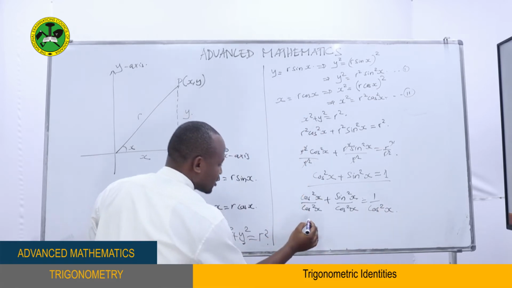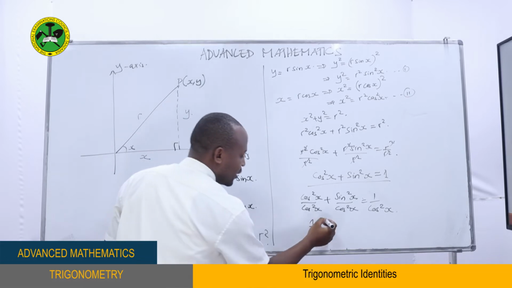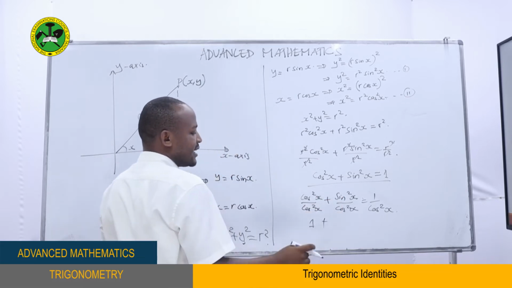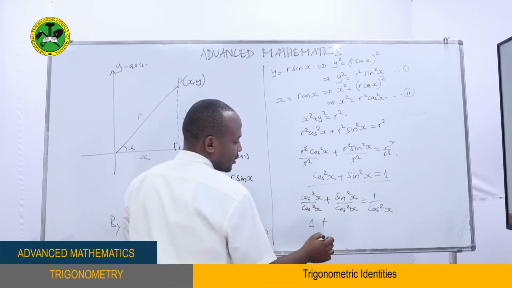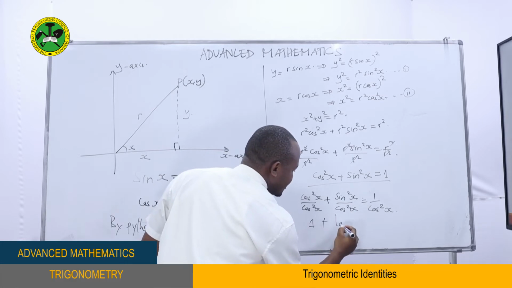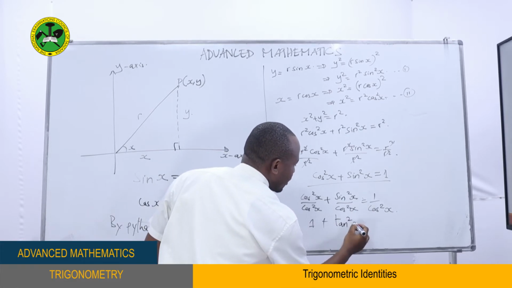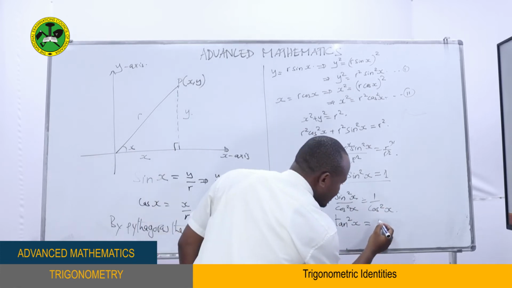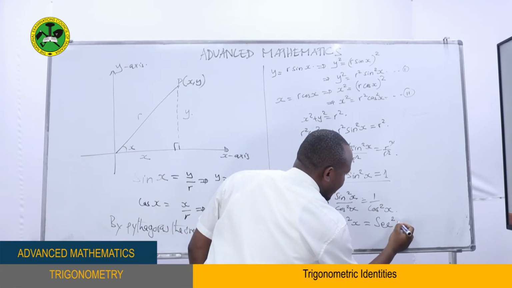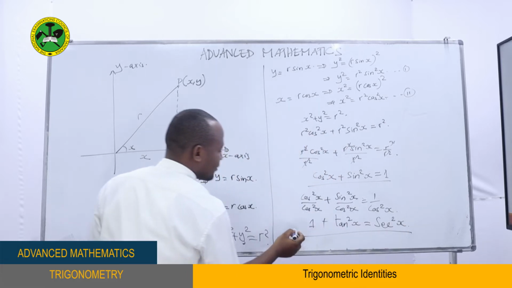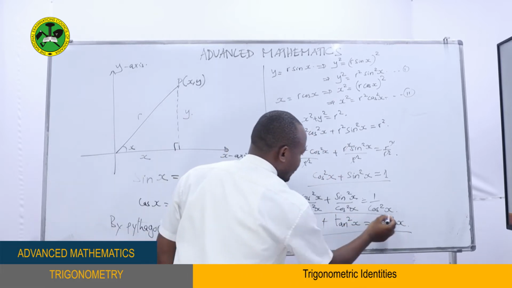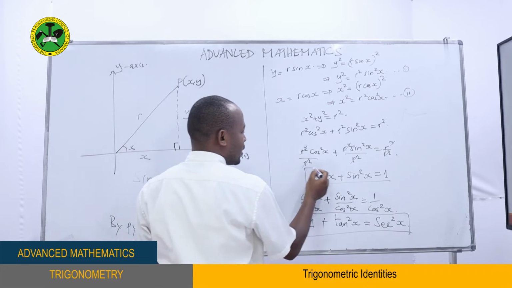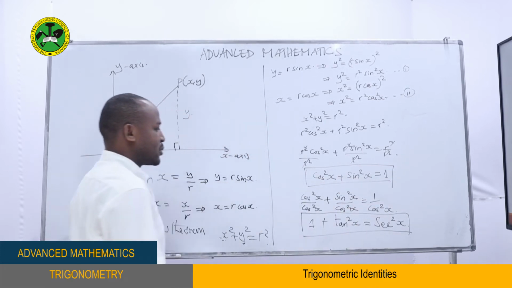That means cos and cos go, so we are left with 1. Then we are left with sine square over cos square of x, that means tan square of x, equals 1 over cos square of x. It is sec square of x. That means we have another identity there. So we have this one, and the second one is that one.